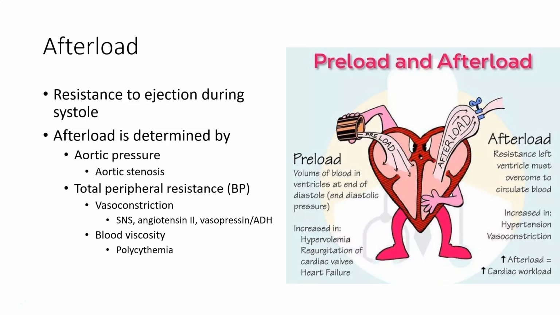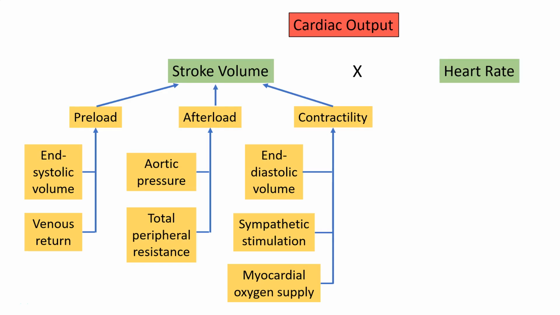And so something like hypertension would cause a chronically high afterload. So stroke volume is determined by preload, afterload, and now we'll look at contractility.